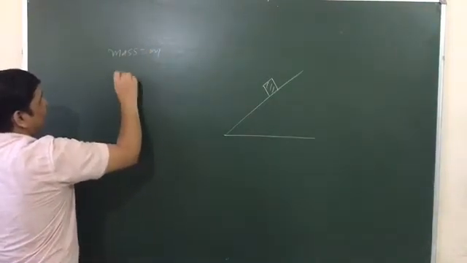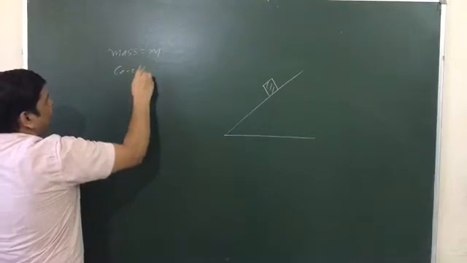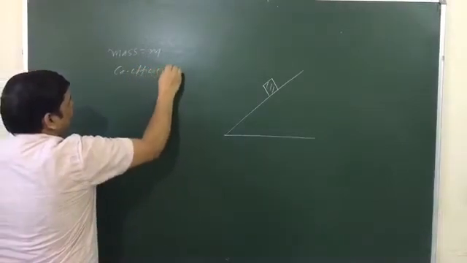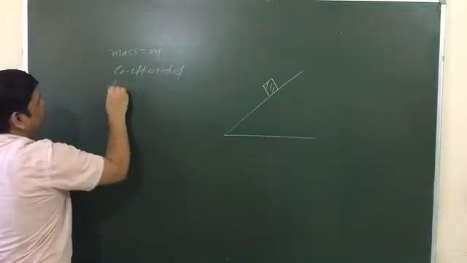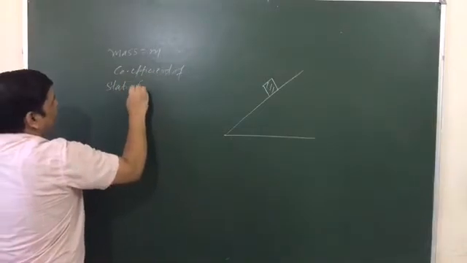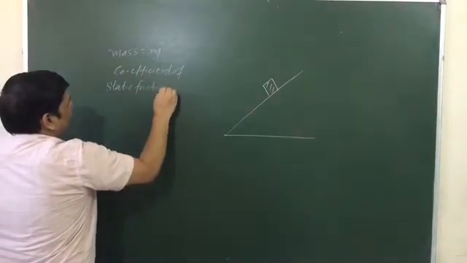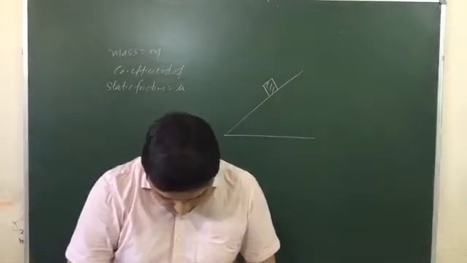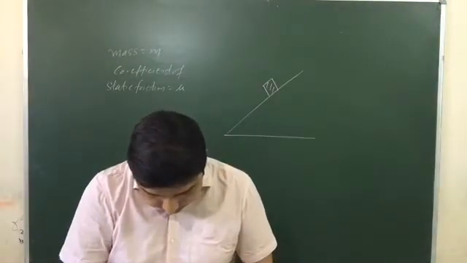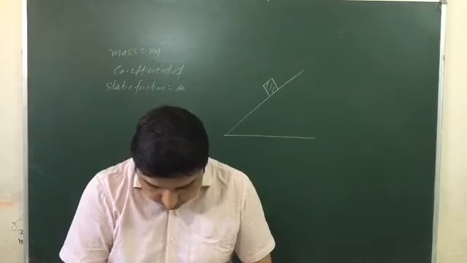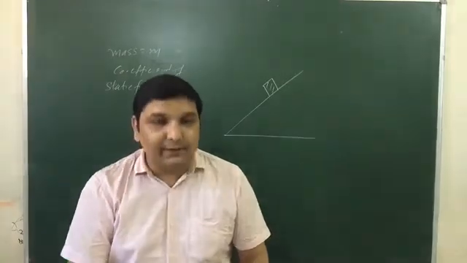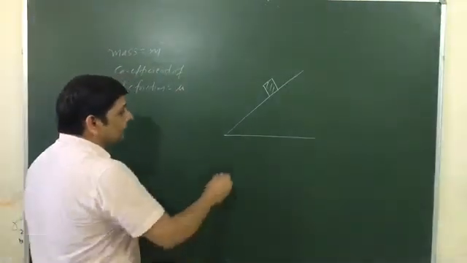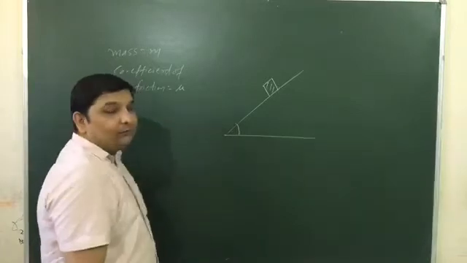Coefficient of static friction is mu. The maximum angle of incline before the block begins to slide down is called the angle of repose.